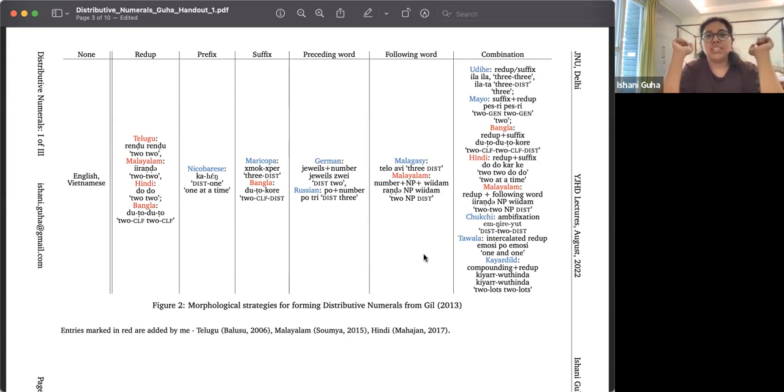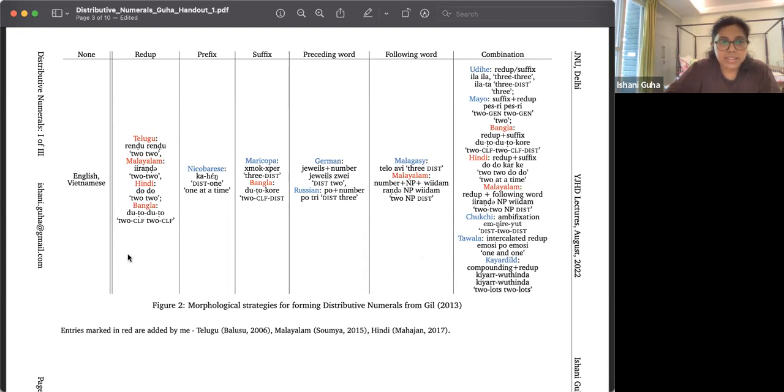So the importance of such things is that when you are looking at a less studied language, you get a pointer to where to look, right? To identify your target expressions, right? So distributive numerals use reduplication, they use prefixes, suffixes, preceding words, following words, or a combination of more than one strategy. Okay.